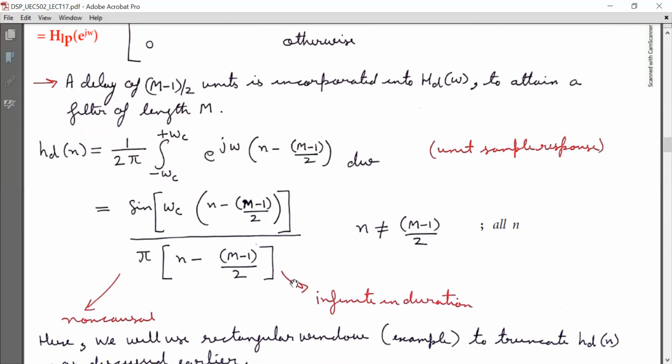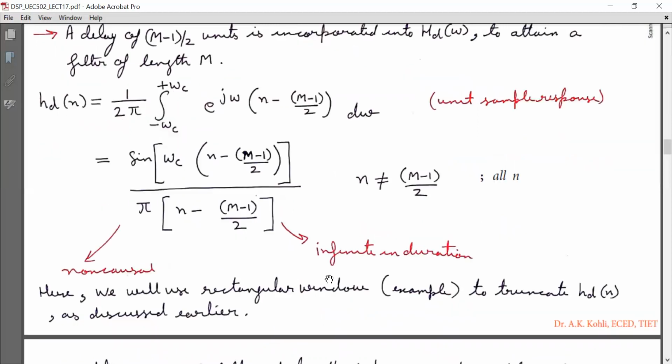After shifting it, or delaying it by (M-1)/2 units, I will truncate it, and how? By using some window function. Here I will do it with the rectangular window, as I have first analyzed rectangular windows in the frequency domain. So I will use the rectangular window to solve this example, or truncate h_D(n).